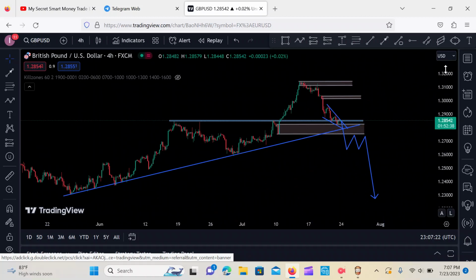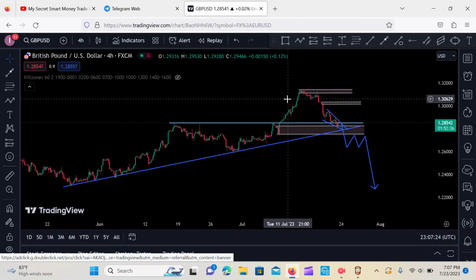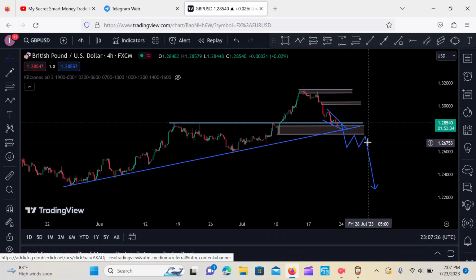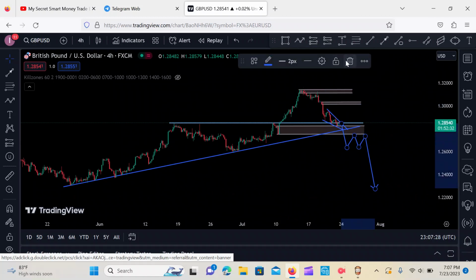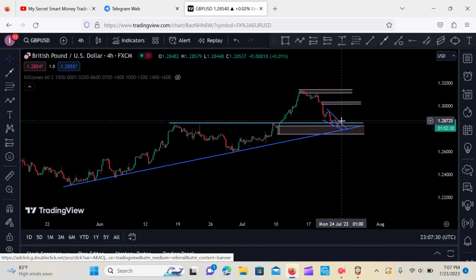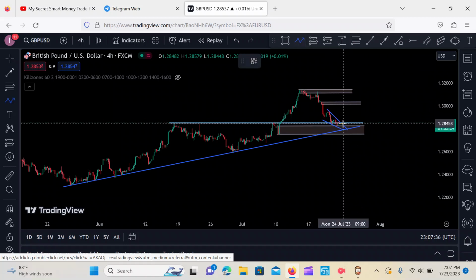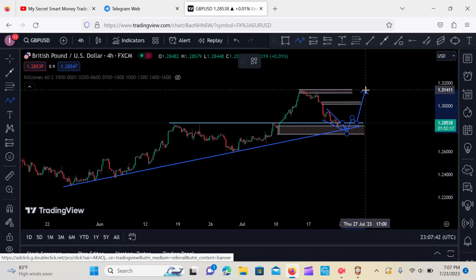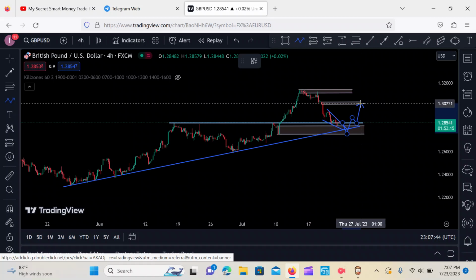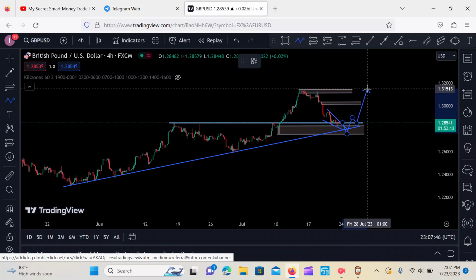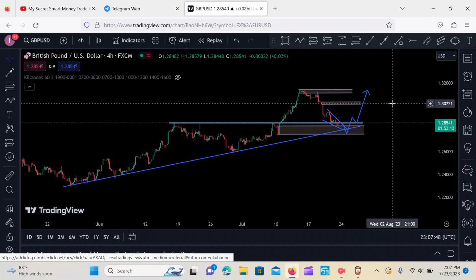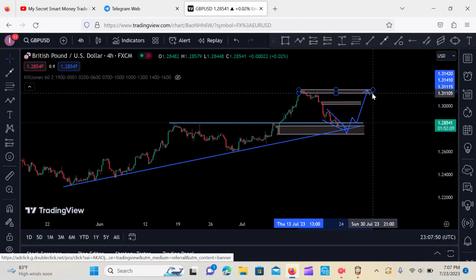Price is going to give us another high that is higher than this level. So at the moment, I'll be looking for price to come back into this other block, and then price giving us this break above here, making a retest, then pushing higher, either respecting this area or coming back to this major supply zone. So this is what I'll be looking for on GBPUSD.